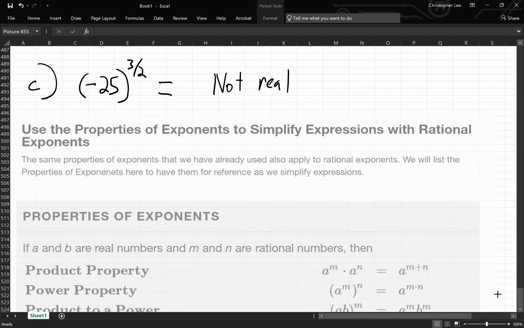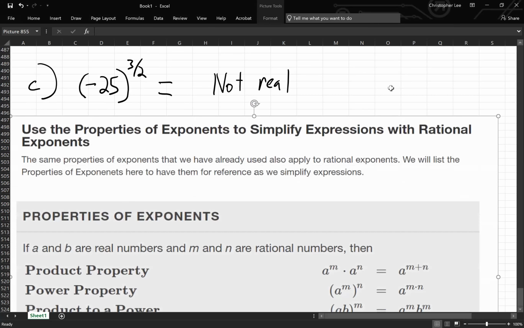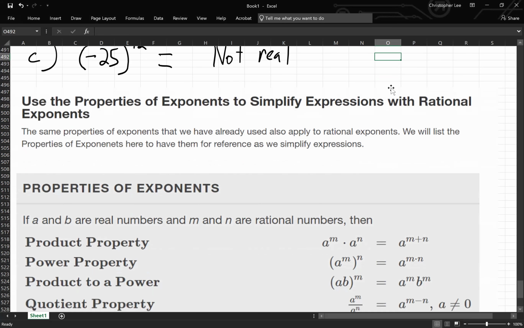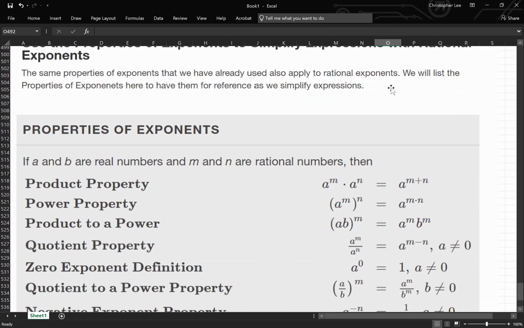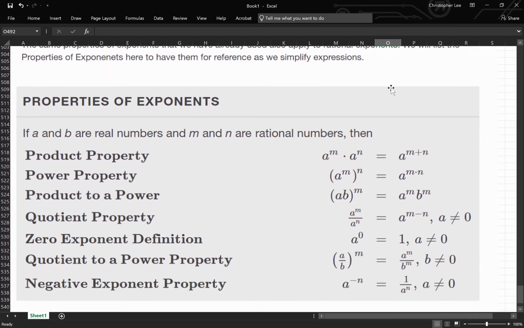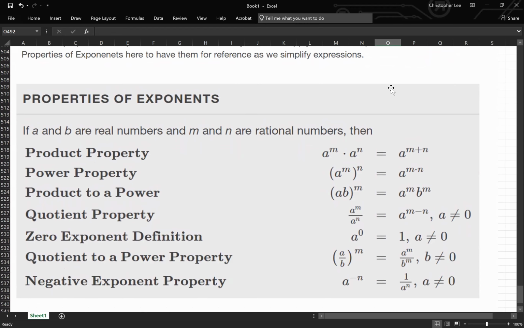So now we want to use the properties of exponents to simplify expressions with radical exponents. The same properties of exponents that we have already used also apply to rational exponents. We will list the properties of exponents here to have them for reference as we simplify expressions. So here you go. These are the properties of exponents.